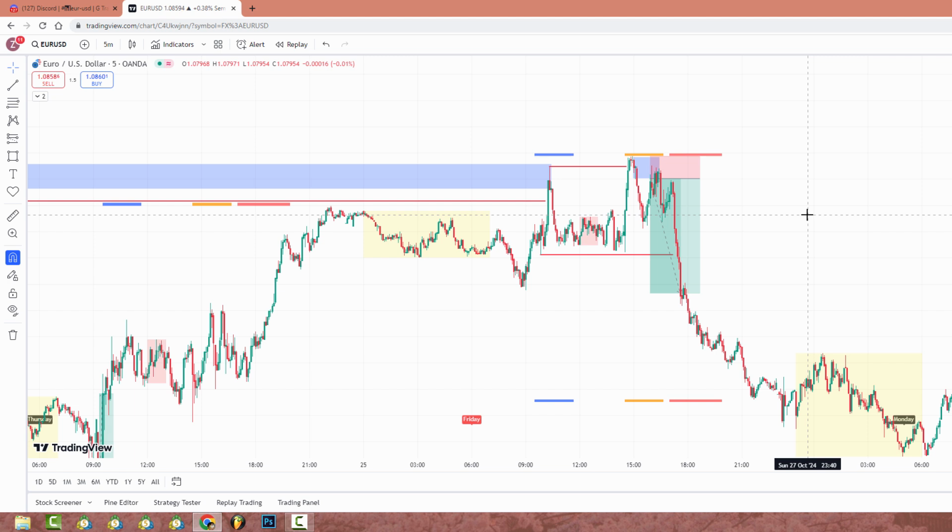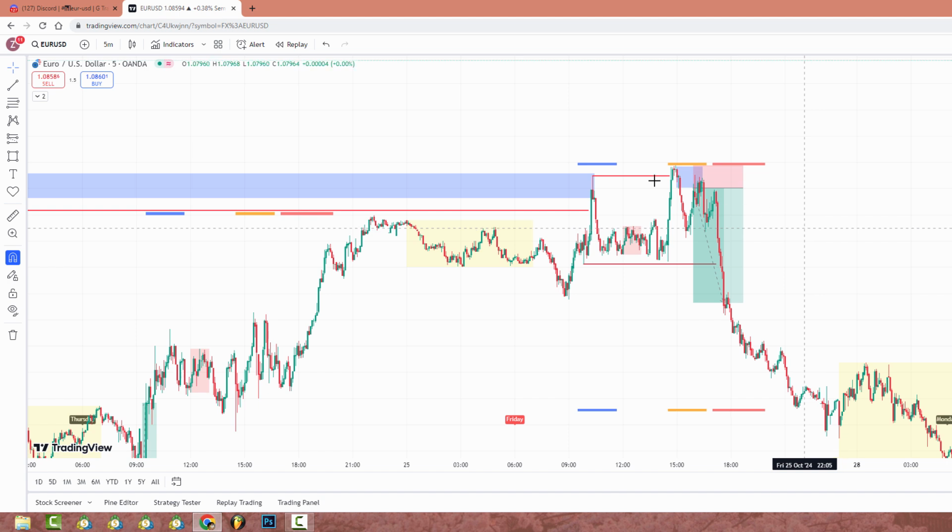And the reason is that price recently just doesn't want to give me my entry model on the lower time frames, and the lower time frames for entry just look ugly.